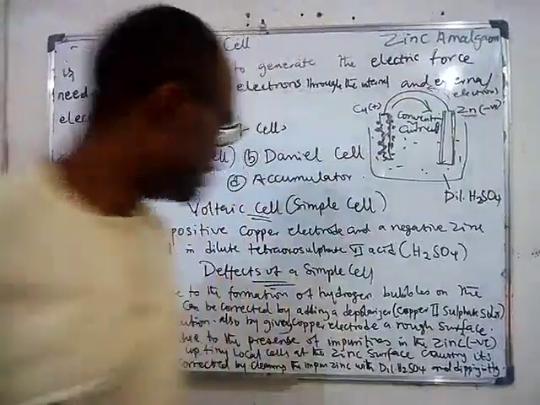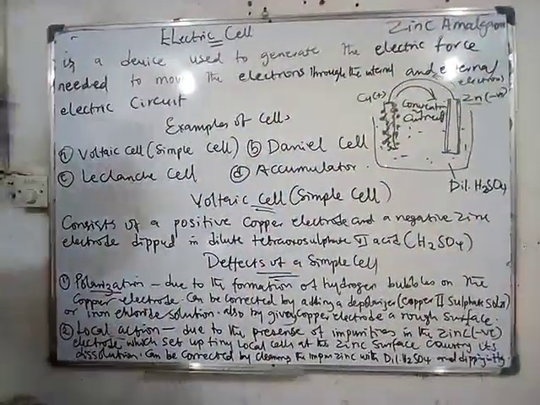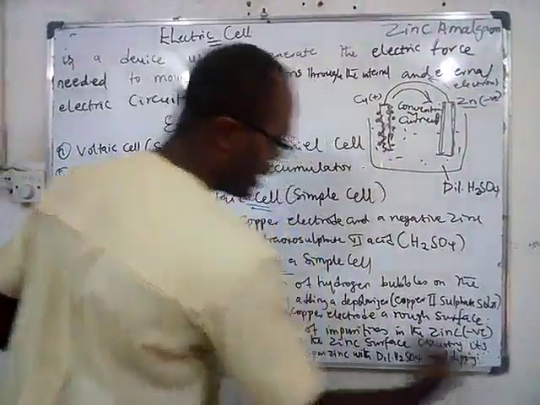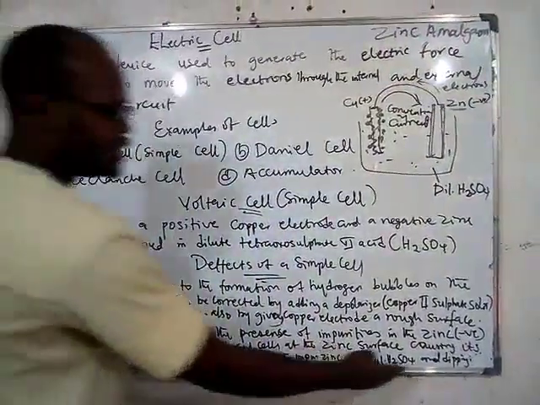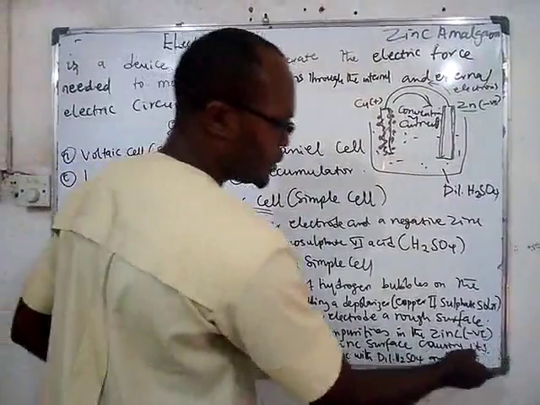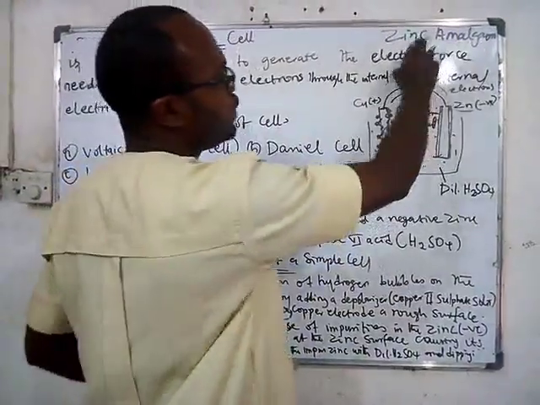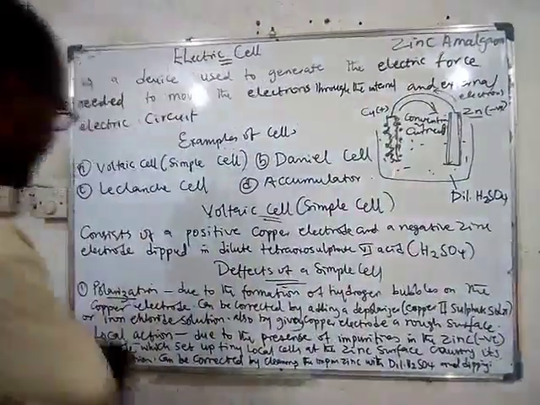This thing will prevent local action. So after cleaning the zinc with dilute H2SO4, dip it into mercury to form zinc amalgam, and that will prevent local action.